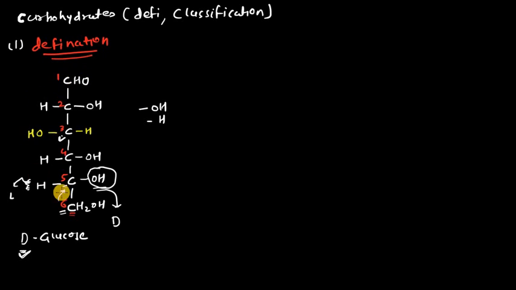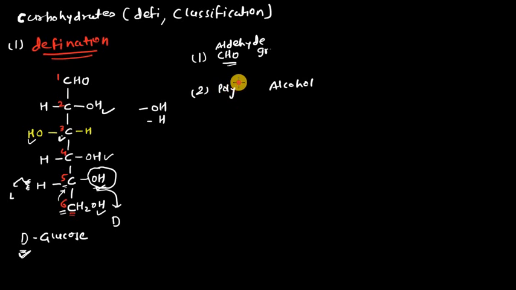Now by looking at the structure, we can identify two characteristics. One is CHO, that is the aldehyde group. The second is that it is an alcohol, and this alcohol group is not single; there are many alcohol groups. So that is a polyhydroxyl alcohol, or instead of polyhydroxyl you can use the word polyhydric.